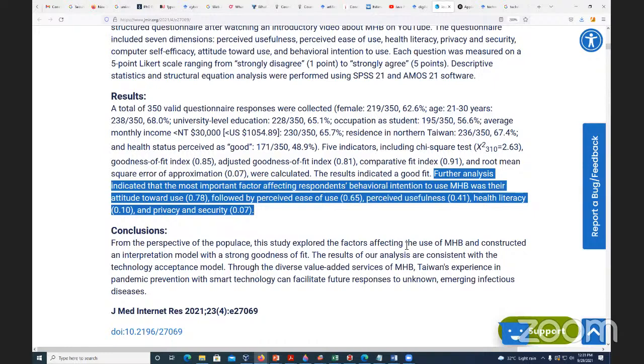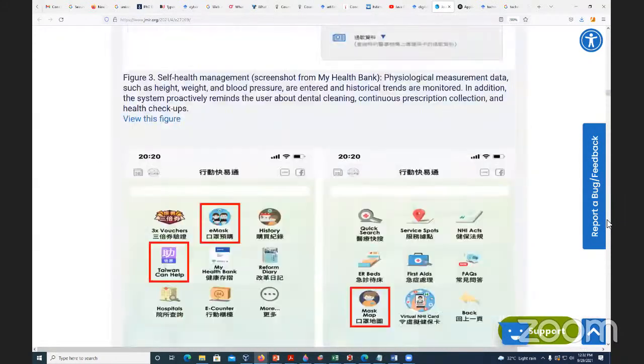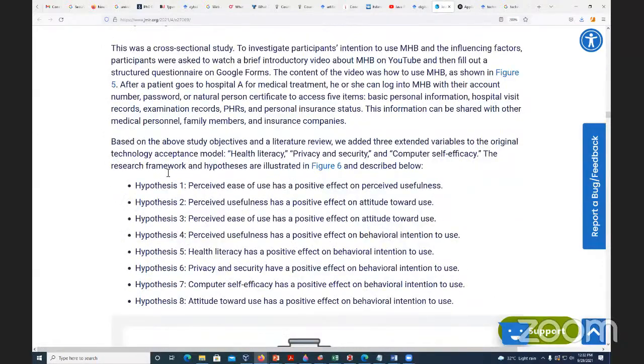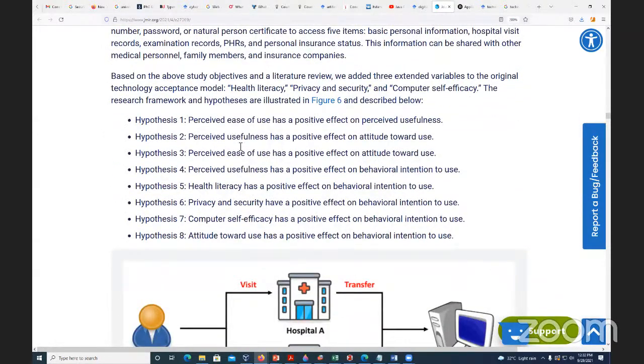If I scroll down to the table, nobody is really answering me. Let's go back to TAM. See here, they have hypotheses. They have 8 hypotheses that all of these things would have an impact, and after doing their number crunching, as in statistical analysis, they found that only some of these hypotheses are true.